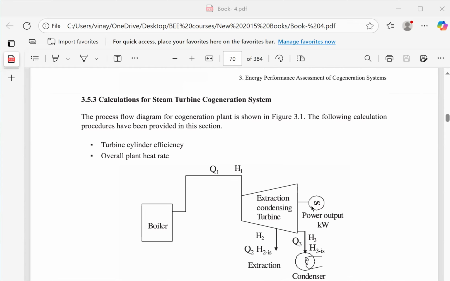The generator is connected on the same shaft, so turbine and generator are on the same axis. Now, when the turbine is used for cogeneration, that means you are generating power as well as generating heat in the form of steam that is given to the process.